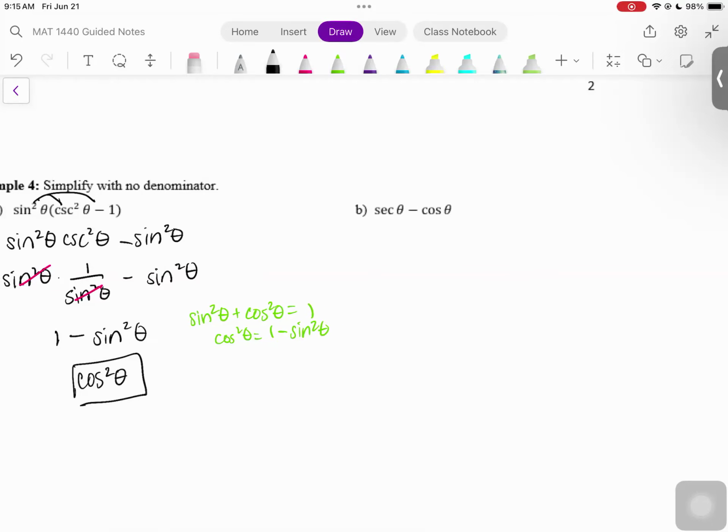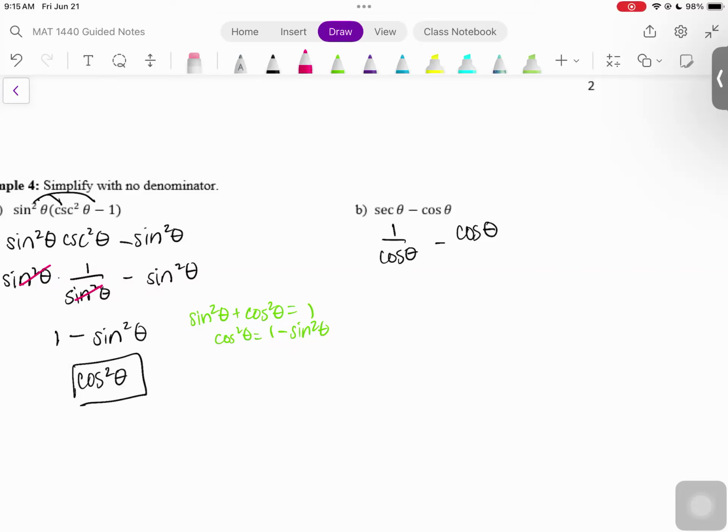Secant theta minus cosine theta. Secant theta is the reciprocal of cosine, so we're going to rewrite secant theta as 1 over cosine theta minus cosine theta. Now we specified that we didn't want to have any denominators, so we need to clear this denominator, and we're going to do that by getting a common denominator.